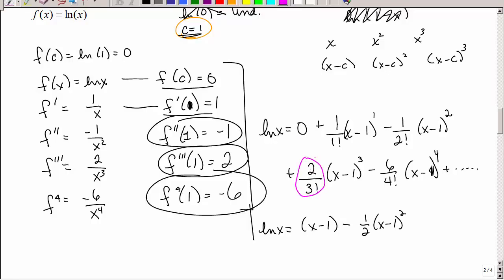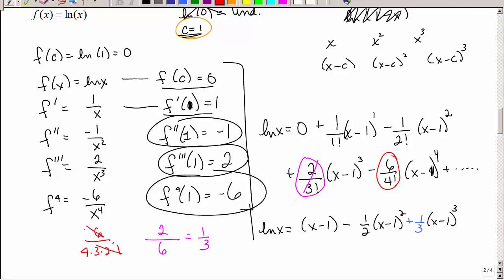But let's see, what is this? Could I reduce that? That's 2 over 6, right? 3 factorial, 3 times 2 times 1. So that's 1/3. So I can replace this with 1/3. So that's going to be plus 1/3 times x minus 1 cubed. What about this? That's going to be 6 over 4 times 3 times 2 times 1.